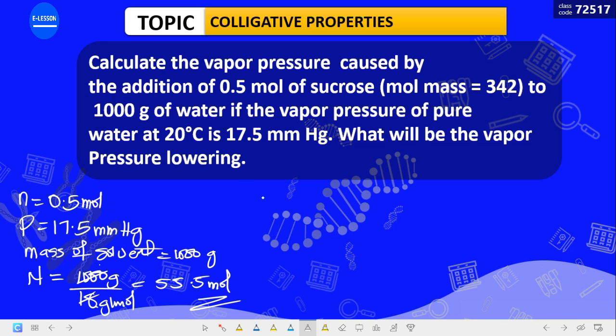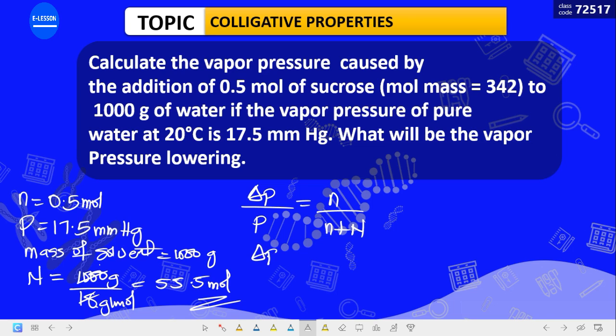We said change in P, which is P minus Ps, divided by P, is equal to n over n plus N. Change in P is what we are looking for. If we can calculate the vapor pressure lowering, it means that we'll be able to calculate the vapor pressure.